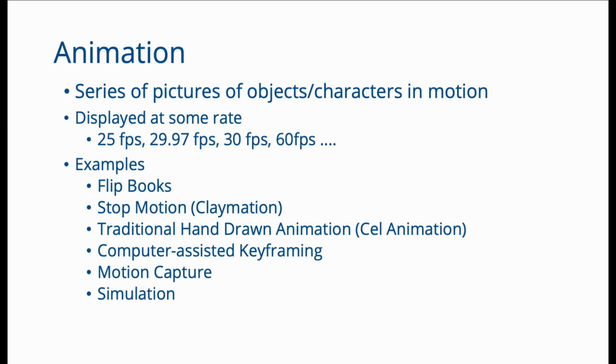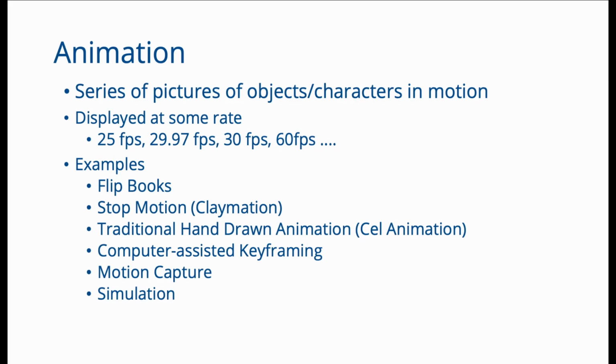Then you have motion capture. Here you directly record a performer by placing sensors or markers on the body of the performer and recording the positions of those sensors or markers using various kinds of cameras. Then this recording, which is actually a capture of the movement of these markers in three-dimensional space, is applied to various characters to create animation.